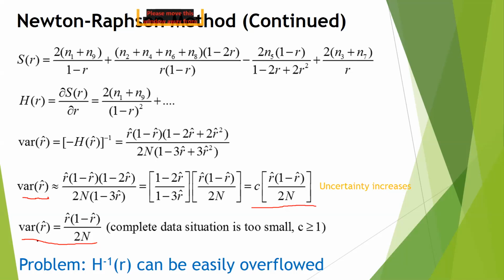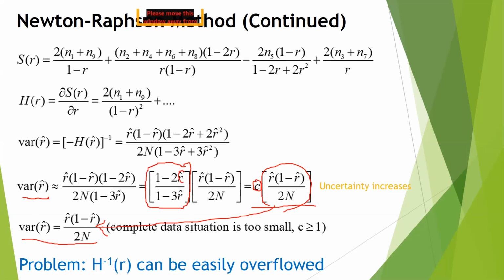Okay, look at here. So this part is actually identical with this, right? The only difference is the coefficient here. There's a C. So let's see what C would be. So C equals this, right? So tell me something about C. Do you think C is greater than 1 or less than 1?